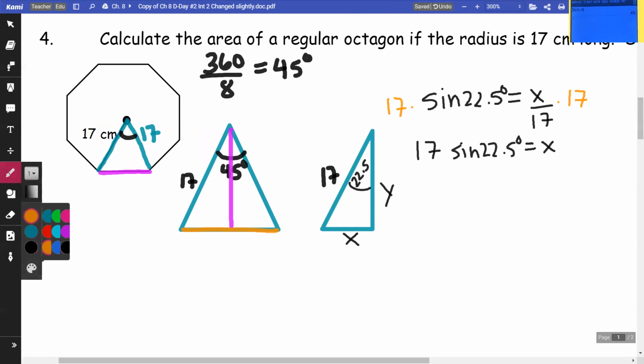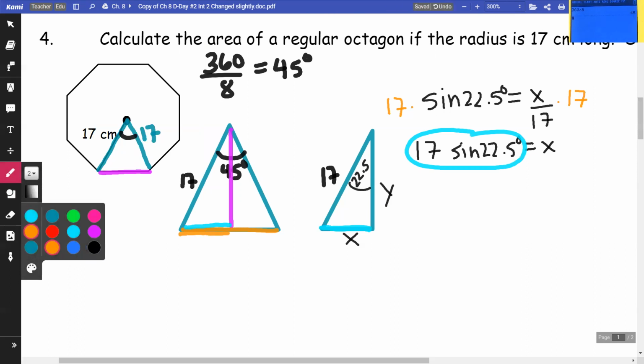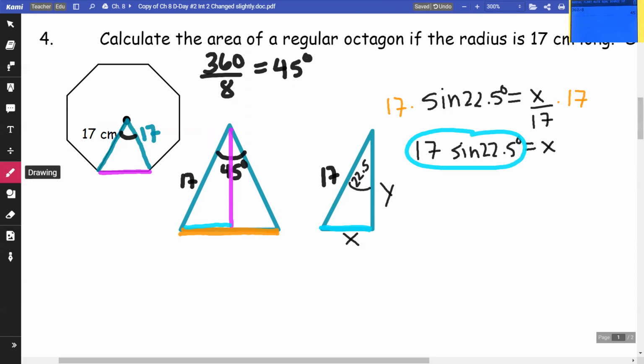So that answer, just so we all understand, is this distance right there, just to here. So if I want to go all the way across this bottom, I don't have 17 sine 22.5. I have double that. So I have 34 sine of 22.5 degrees. That is my whole base.